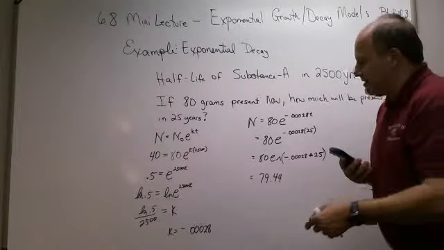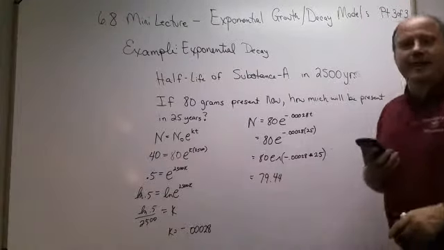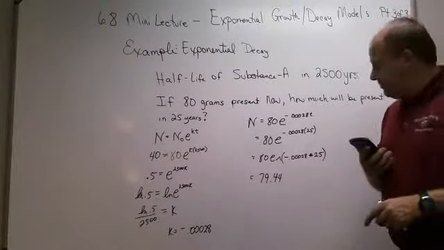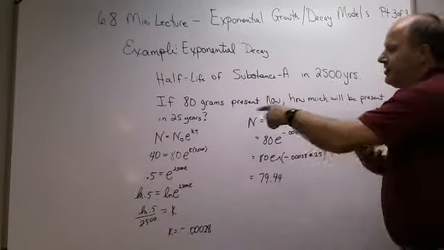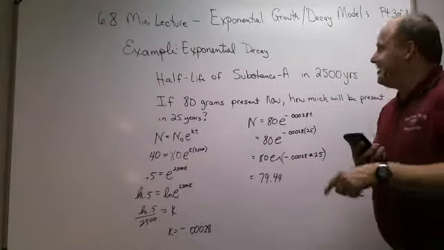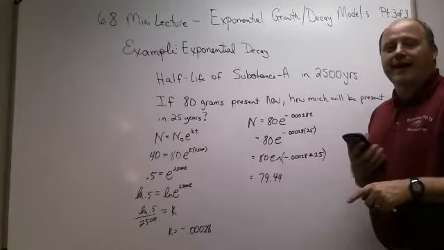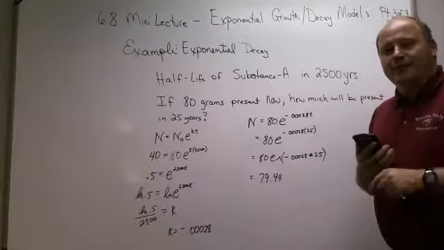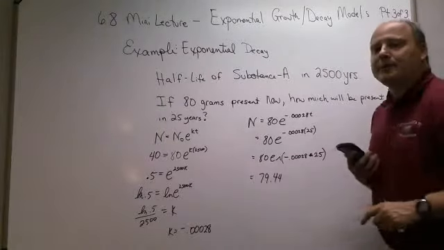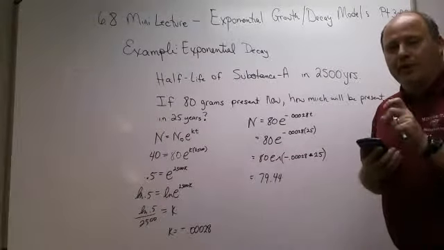So I would have expected this number to be in the 79 range. If you had gotten 60 grams here, I would have said, wait a minute, it takes you 25 years to go from 80 down to 60, and it takes 2,500 years to go from 80 down to 40? Your math is all wrong on that one. So I would have suspected this number would be pretty high, but below 80.